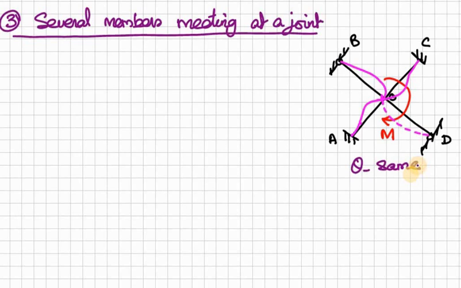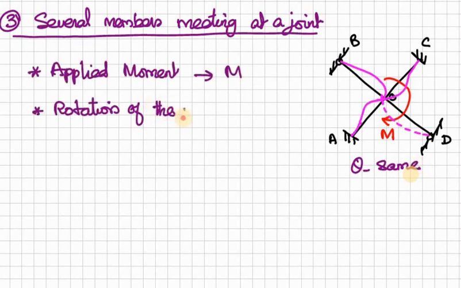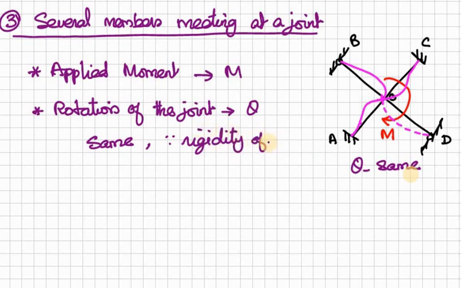So the rotation of the joint is beta because the joint is considered fixed; due to fixity, the joint will experience the same rotation. But the same rotation is not guaranteed at the supports, at the ends. Only at a joint we will have the same rotation.